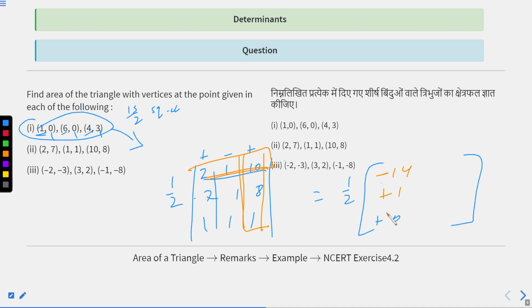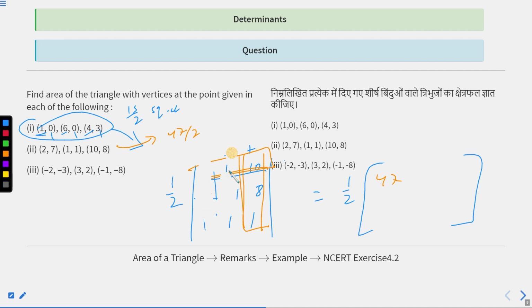Now you just have to add. As you can see, 60 minus 14 will give you 46, I think. 46, yes. And 46 plus 1 is 47. So 47 in total, the area will be 47 by 2 square units.